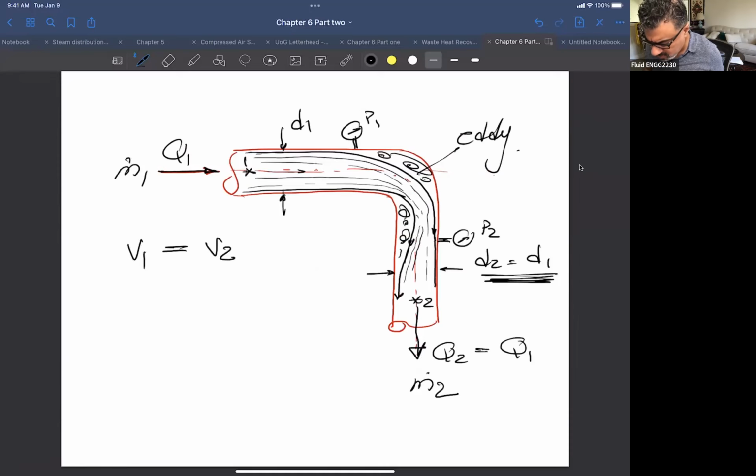We know the velocities, right? And we also know maybe the locations of these points. And then we apply the Bernoulli equation, and now the losses here are only because of eddies. That means we can determine the eddy losses using the Bernoulli equation and some measurements. So we determine something called the loss coefficients.